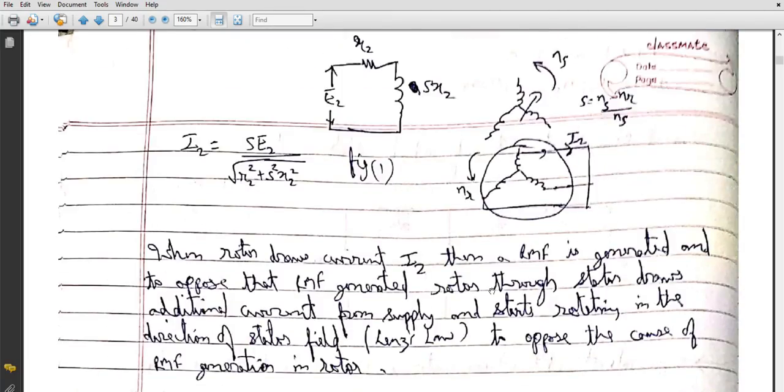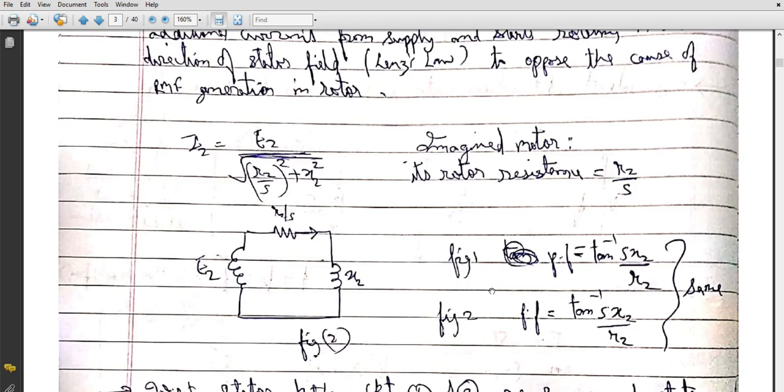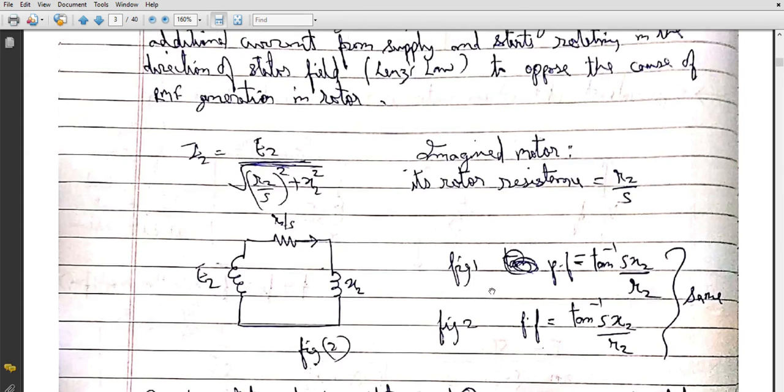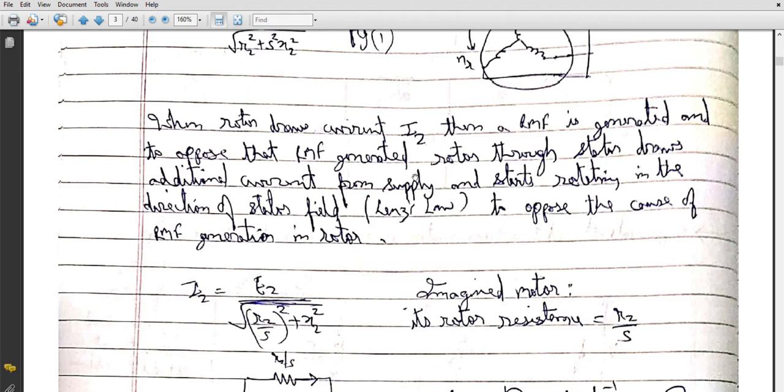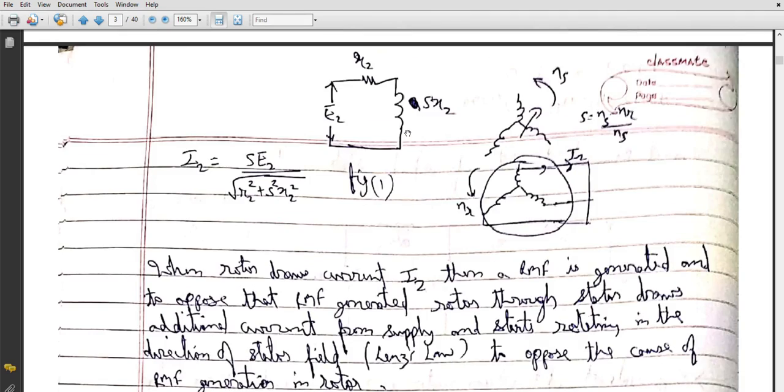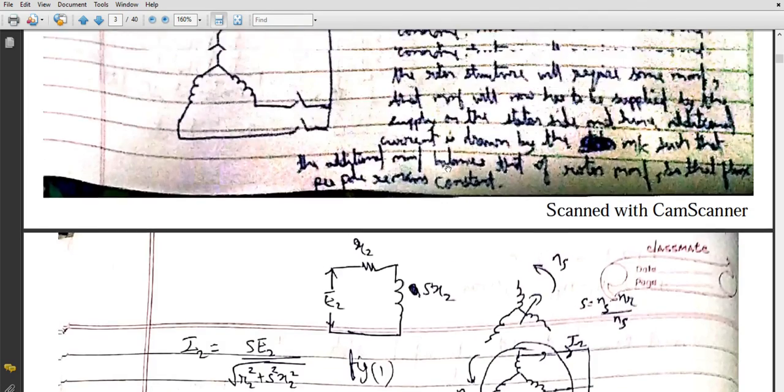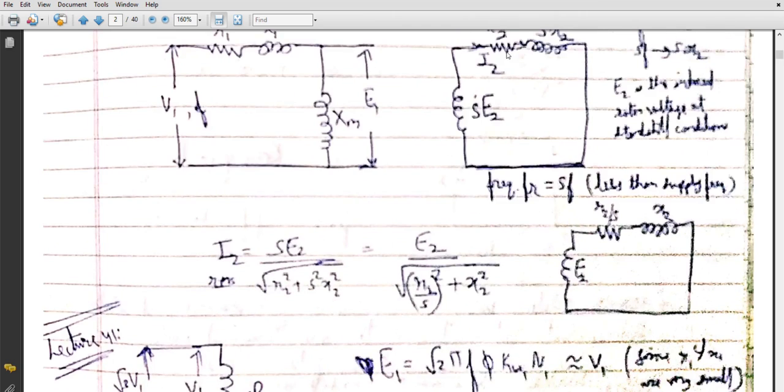You can take a quick reading of these things. We've already discussed them. They say that whenever the current I2 starts flowing in the rotor circuit, an RMF will be produced.